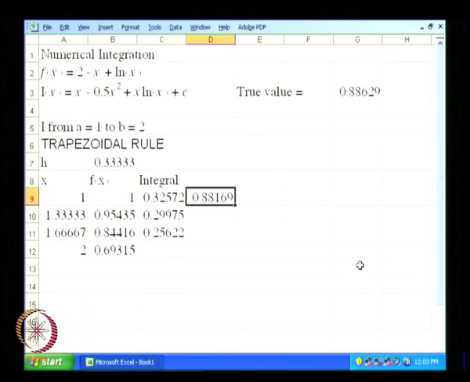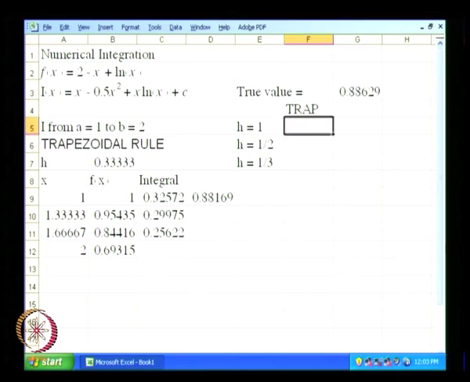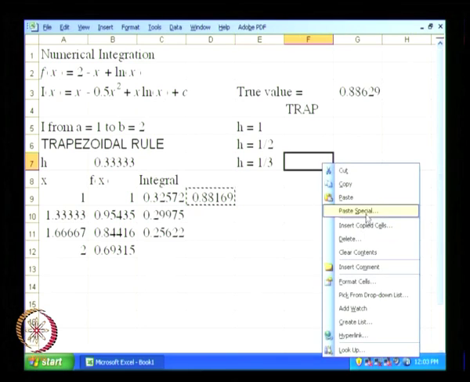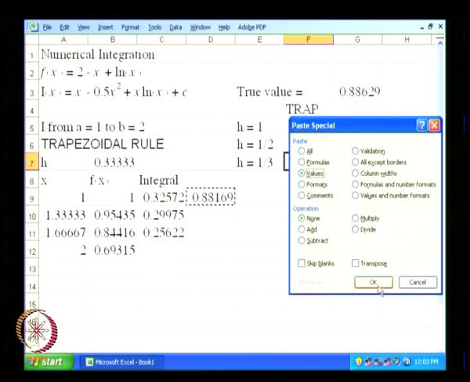Okay. So using the trapezoidal method, I will write down when h was equal to 1, when h equal to 1 by 2, and when h equal to 1 by 3. Using h equal to 1 by 3, I will just paste the value over here, paste special values.